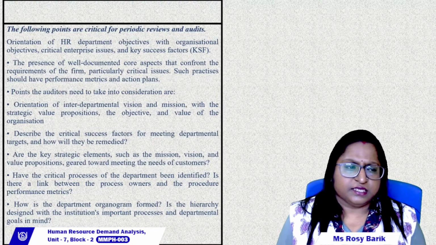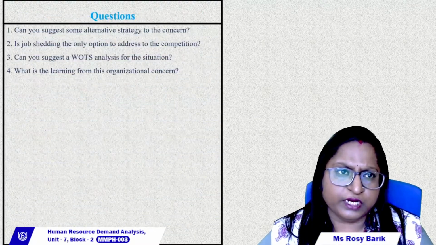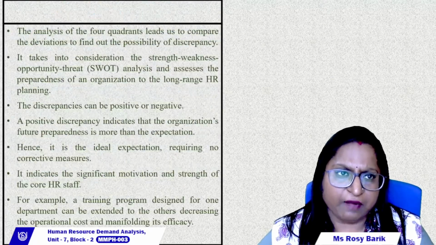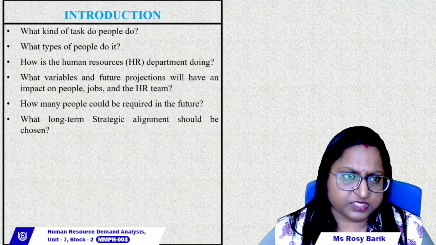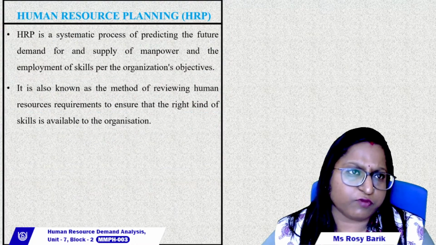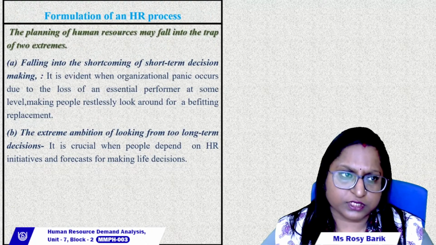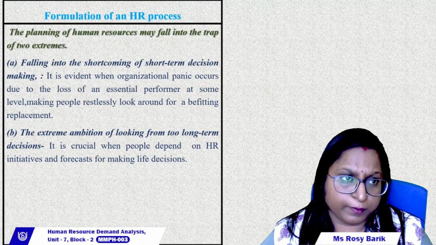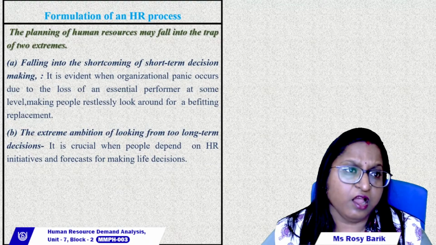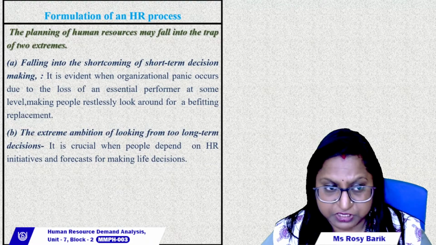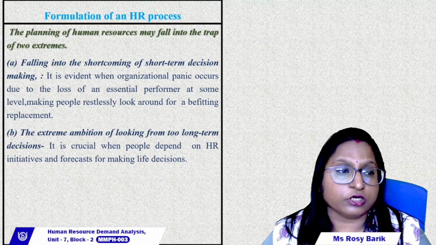So in today's class we have discussed human resource planning with the help of two cases. We discussed what the human resource plan is, and the formulation of HR processes by two extremes: falling into the shortcoming of short-term decision making, and extreme ambitions of looking to long-term decision making.